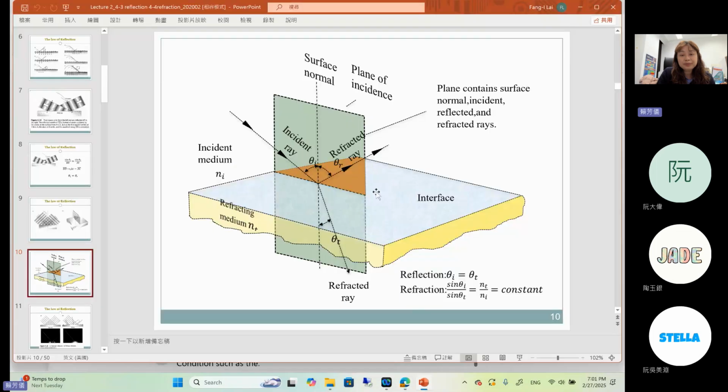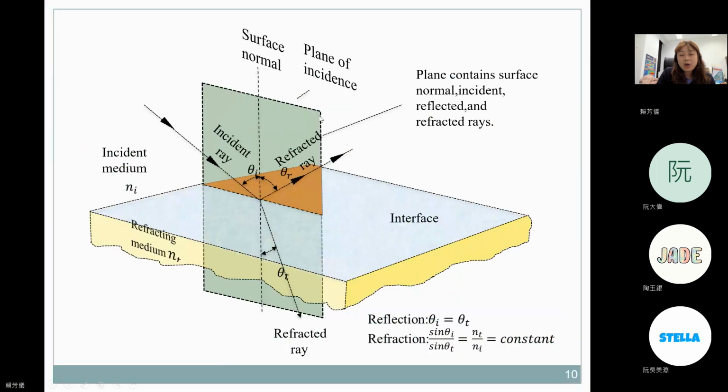This figure shows that the incident ray, the reflected ray, and the surface normal line will exist in the same plane.